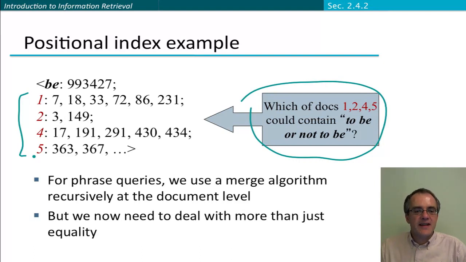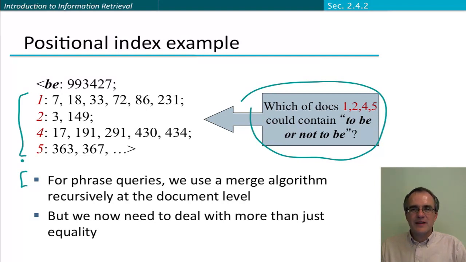So with this kind of data structure, we can handle phrase queries using a merge algorithm, much as we showed before. It's just a little bit hairier, because rather than just doing an intersection of the document IDs, we have to do this sort of 2-level algorithm where we both intersect the document IDs and then also check that there are compatible positions for the words occurring in a phrase.